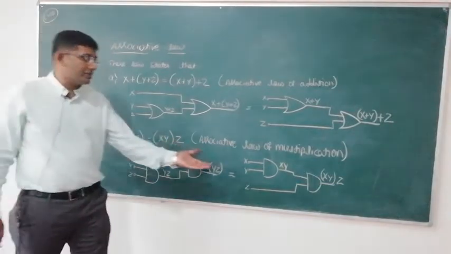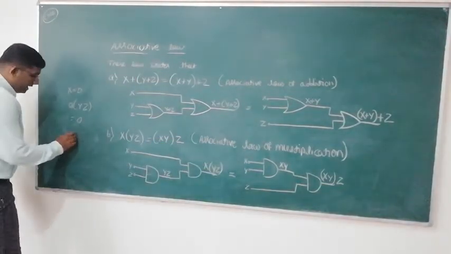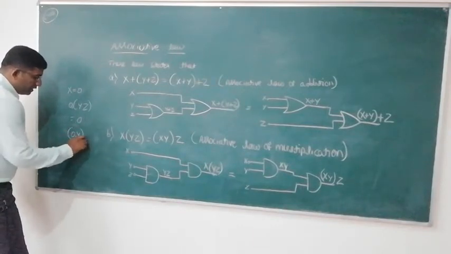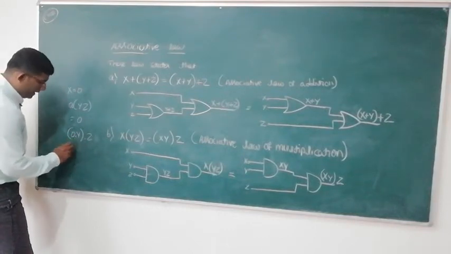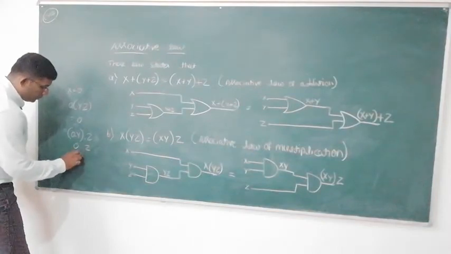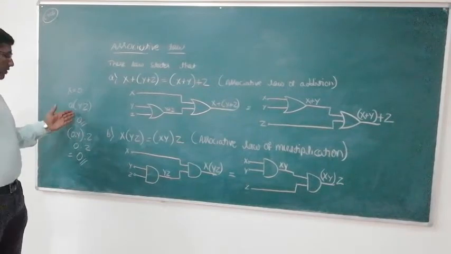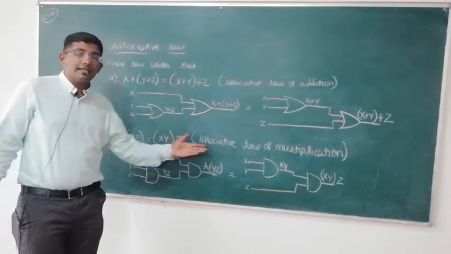For the second expression, that is RHS side, if I am substituting the value of x as 0 into y dot z, 0 multiplied by anything is 0, 0 multiplied by 0 dot z, then once again 0 into z, I am going to get 0 itself. In both the cases we are going to get 0 itself. That is why we are writing it as LHS is equal to RHS, hence proved.